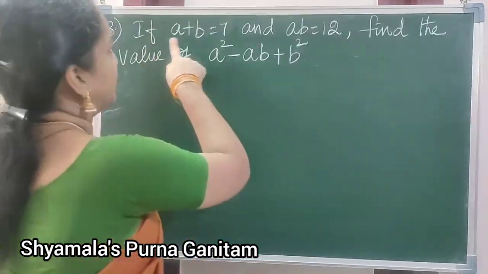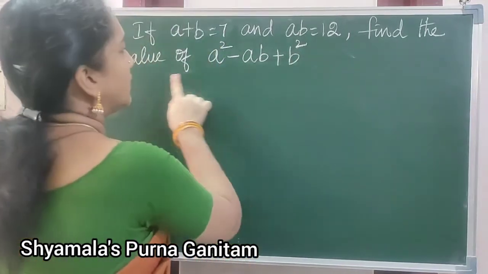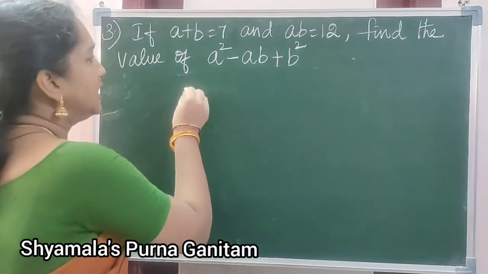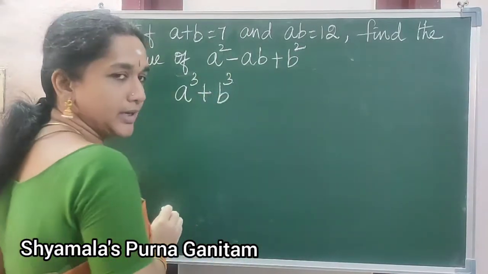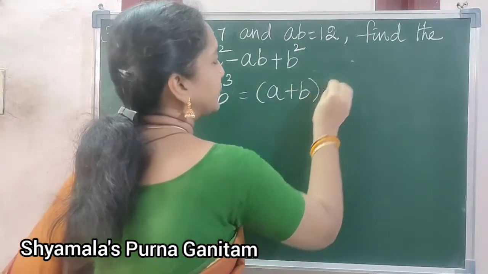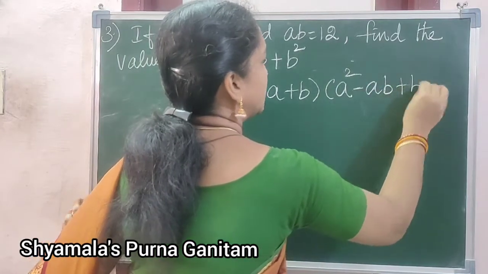If a plus b is equal to 7 and ab is equal to 12, find the value of a squared minus ab plus b squared. This one you get from the identity a cube plus b cube is equal to a plus b into a squared minus ab plus b squared.